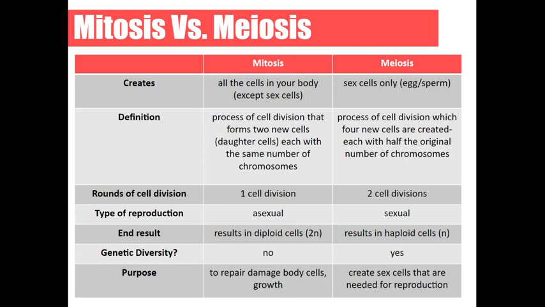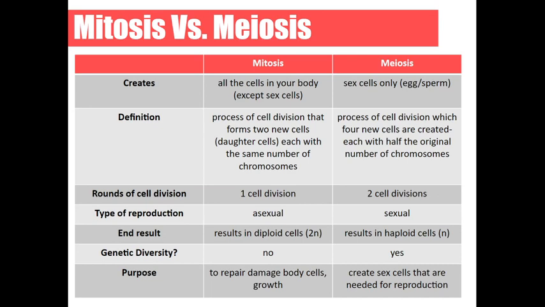Now, the definition of mitosis is that it is the process of cell division that forms two new daughter cells, each with the same number of chromosomes. While meiosis, while it's also a process of cell division, has four new cells that are created each with half the original number of chromosomes.